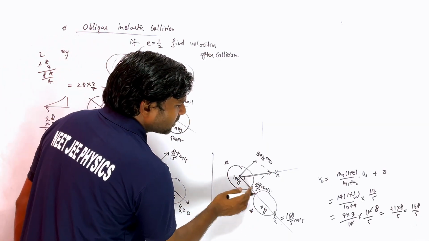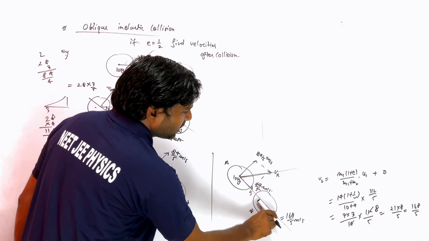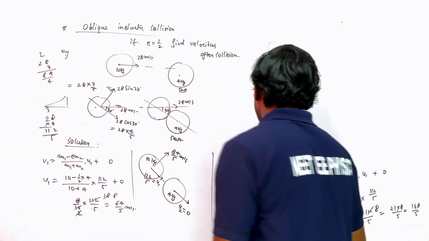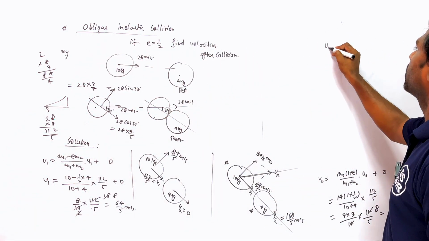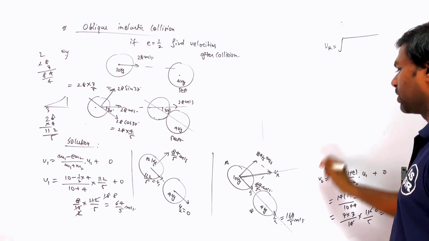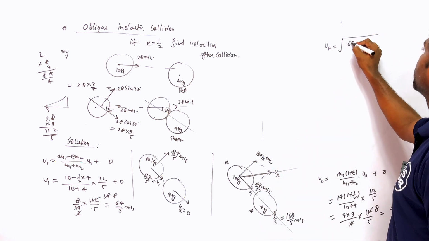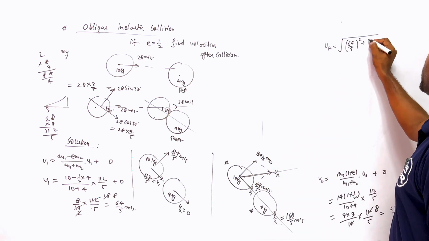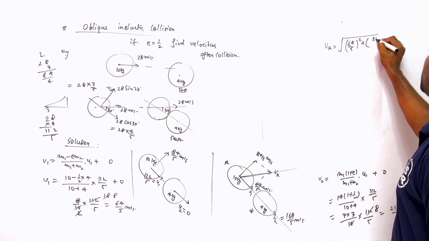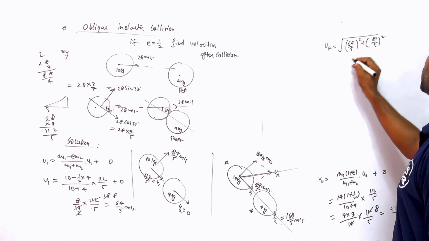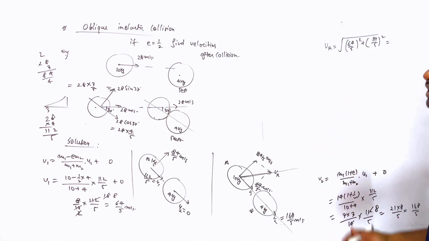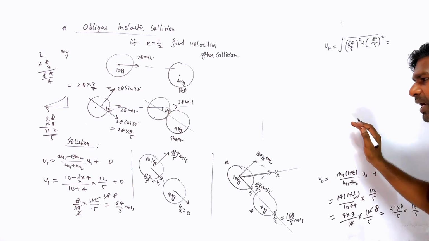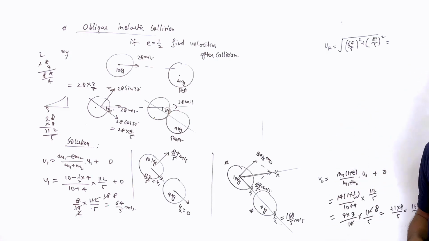The angle will be something else. We are not finding the angle; rather, the resultant velocity is the root over this component squared plus the 84 upon 5 component squared, right? When you simplify, you will get the answer. You are getting the concept of inelastic collision, right?